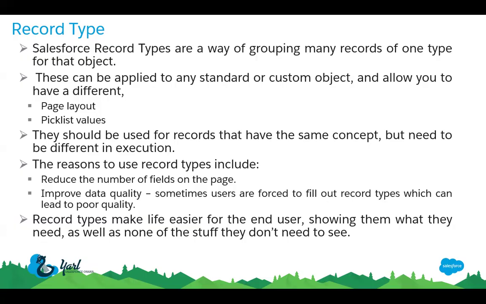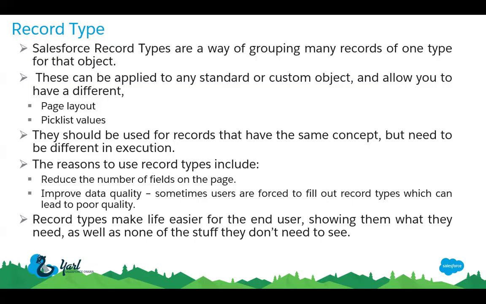Record type. Salesforce record types are a way of grouping many records of one type for that object. This can be applied to any standard or custom object and allows you to have different page layouts and different picklist values. This page layout and picklist values, let's discuss after the break.